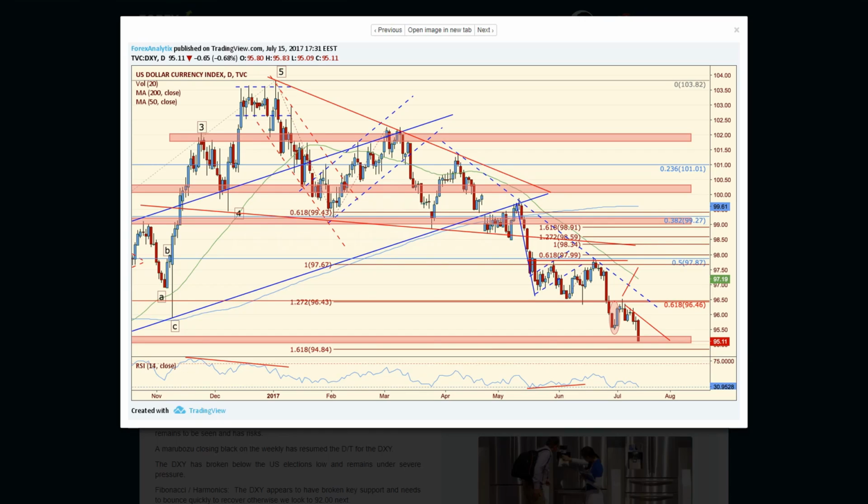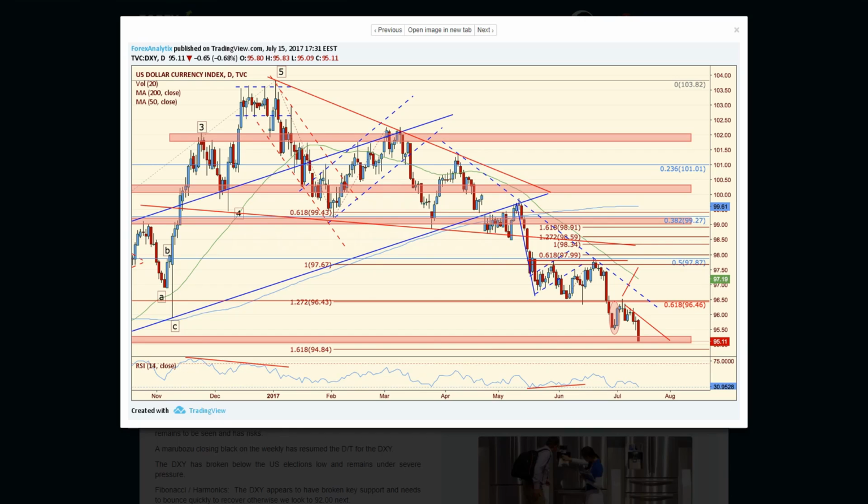I don't know. Again, I'm looking at the calendar this week, and on Sunday we have Chinese GDP, industrial production, and fixed asset investment. We have UK CPI on Tuesday. We have the BOJ on Wednesday night, Thursday morning.